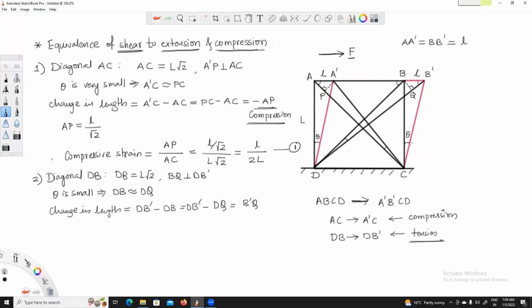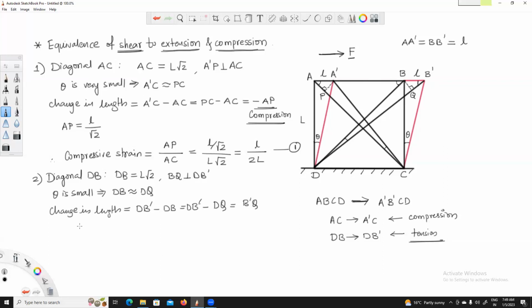But as this theta is very small, it is very close to 45. Though it is not exactly 45, I have assumed theta is very small, so I can assume that this angle at Q is approximately 45.